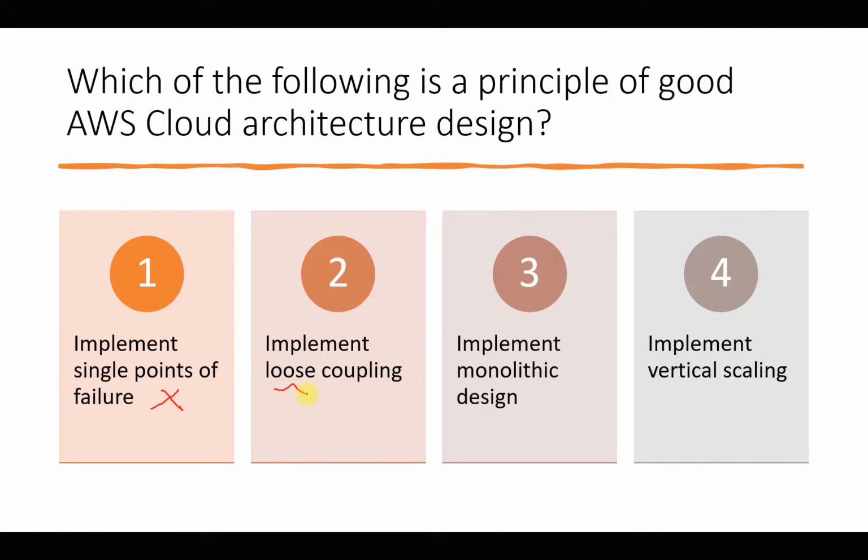Implement loose coupling. See, loose coupling is something related to microservices, or right now we are using app modernization where we use microservices. What exactly is it? Here the application is divided, or we can say separated, into different components, and these components are loosely coupled. So what is the advantage of this? Nowadays, any application you are using, whether it is Netflix, YouTube, Prime Video, or Hotstar, all of these run on microservices.